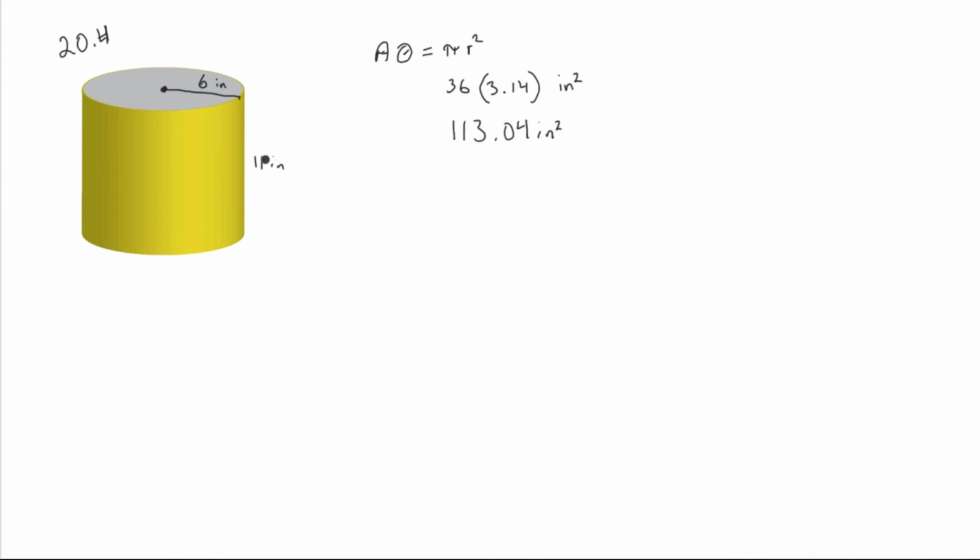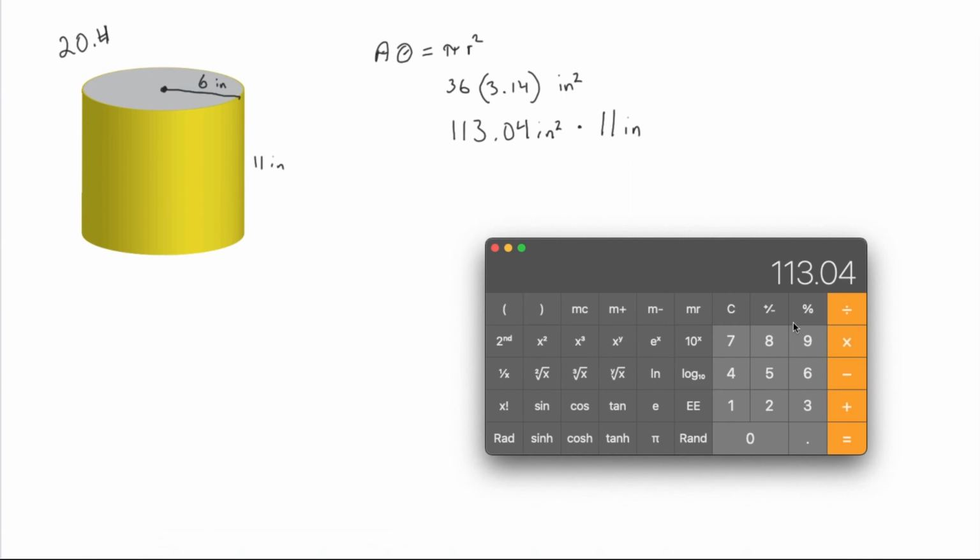113.04 inches squared. Now we have to do it times the height. So times 11 inches in height. And that is going to give us a total of, I'm going to bring my calculator back up because that's a big number.